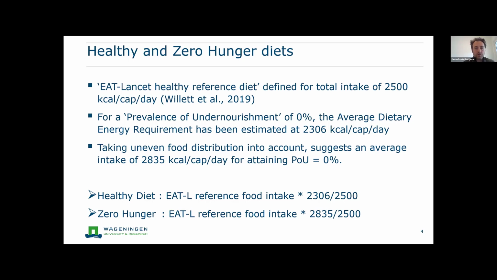One is called the healthy diet, and this is on a lower end of 2,300 kilocalories per capita per day. The idea behind the healthy diet is that everybody eats exactly what they need. So if that happened, there would be no hunger, no undernourishment. Everyone would have exactly what they need. Nobody's overeating, and nobody's wasting food.